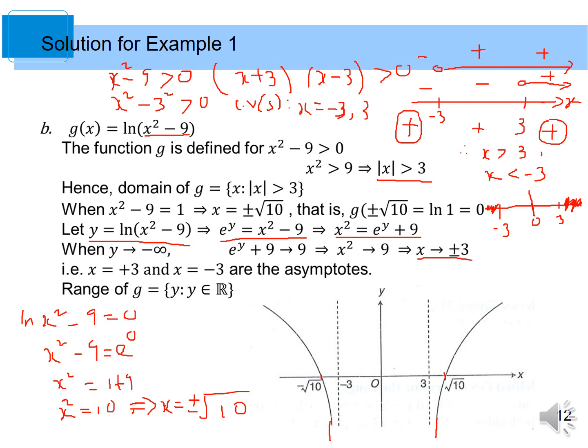So the first asymptote is x equal to 3, and the second asymptote is x equal to negative 3. So we have 2 asymptote lines. And based on the curve here, the range of this function is all real numbers on the y-axis.